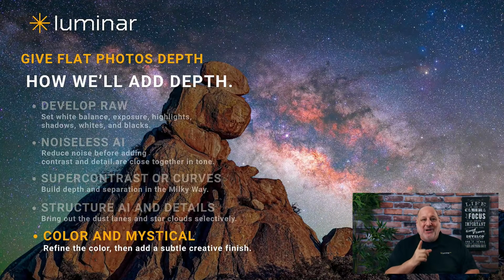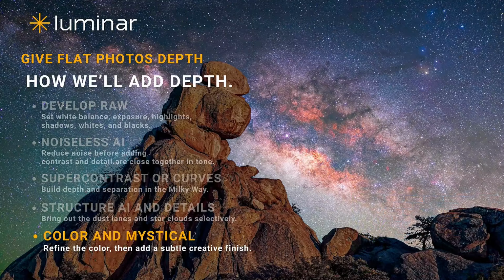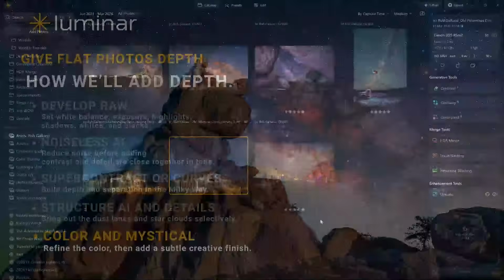The Mystical tool. The more photographers that do landscapes, like Rob, I'm amazed at how much they love that Mystical tool, just a little bit, all right? So we're going to dive into that, and I'm going to explore it with you. So let's jump right in.